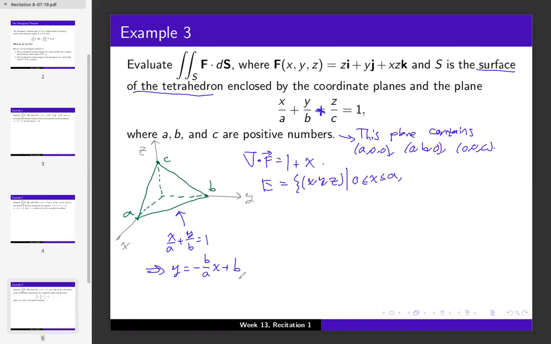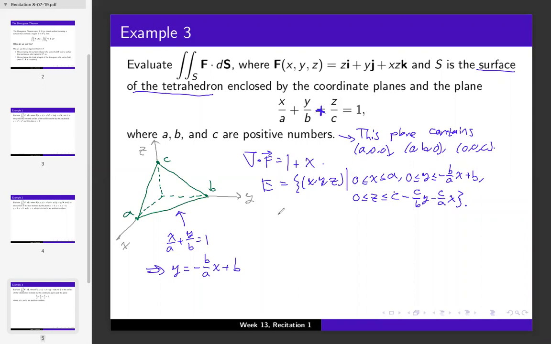So in this case, you've got x going from 0 to a, y going from 0 to negative b over a x plus b, and z going from 0 to, let's see, this would be c minus c over b y minus c over a x.